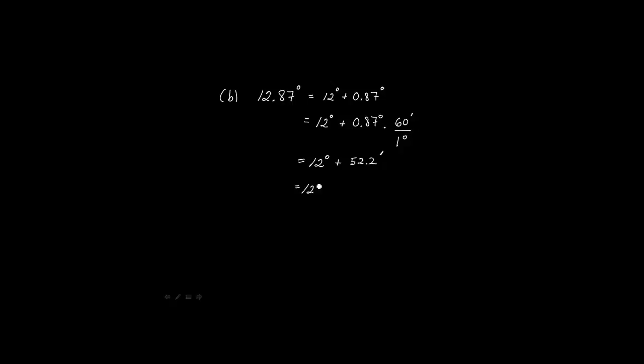And now I can do 12 degrees plus 52 minutes plus 0.2 minutes. And now my conversion is going to be 60 seconds divided by 1 minute. So essentially, again, I'm multiplying by 1 in disguised form. 60 seconds divided by 1 minute is 1.